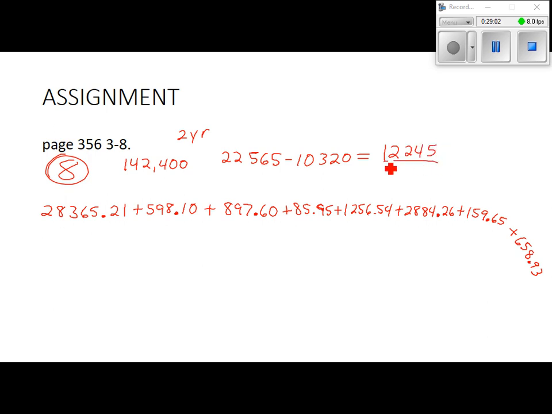We divide that by how many years has he owned the truck? 2, I think you said, right? Yeah. Divide that. $6,122.50. That's how much the value of the truck is going down per year.